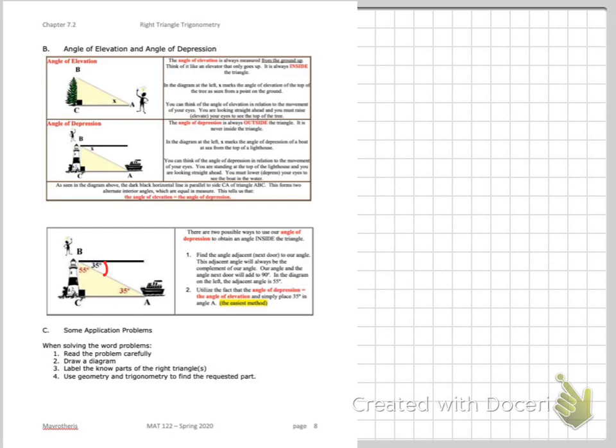If somebody's standing at the top of the lighthouse, looking down at a ship, and the angle of depression is 35 degrees, that means that somebody on the ship looking up at the top of the lighthouse has got an angle of elevation that's that exact same measure. So that angle of depression outside of the triangle is going to be the same as the angle of elevation on the other side. That's going to be useful.